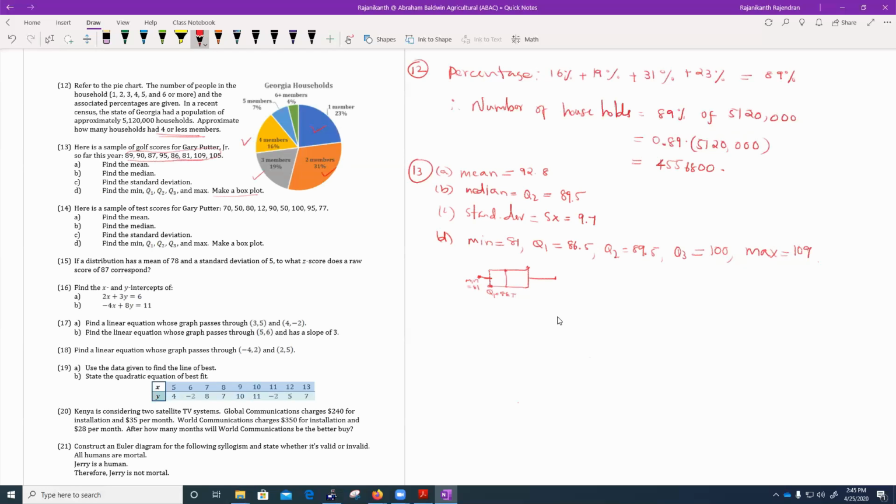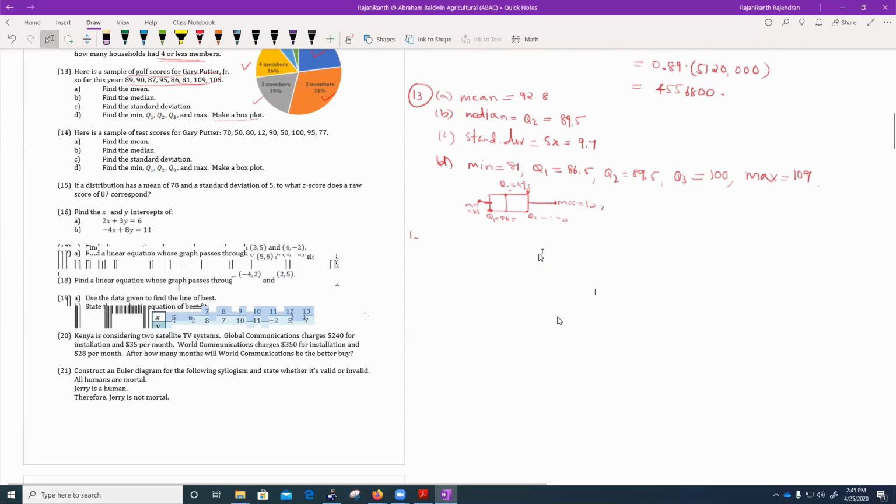This is my Q2, that is 89.5, and this is my Q3, that is 100. And my maximum value is 109. So plot all the values like that into your box plot. That's it. So now this is my box plot.